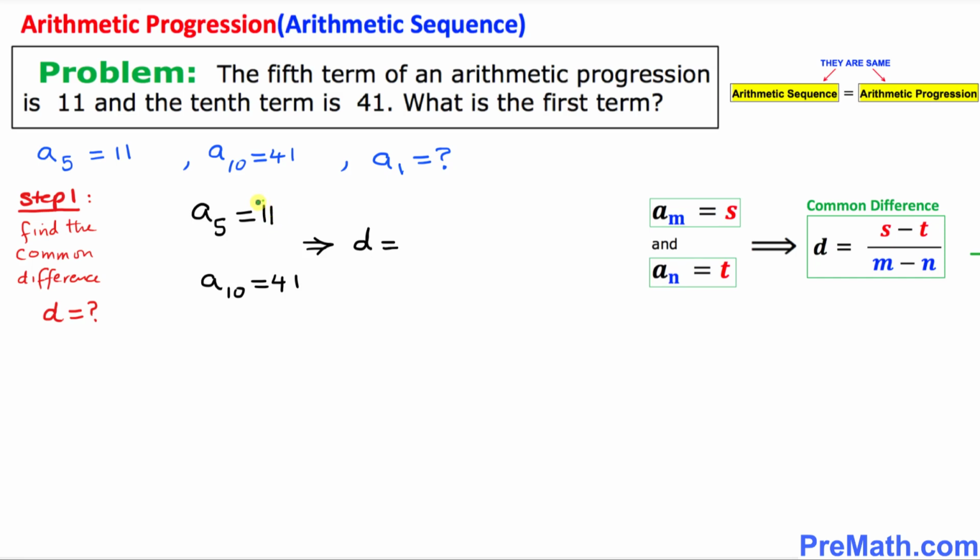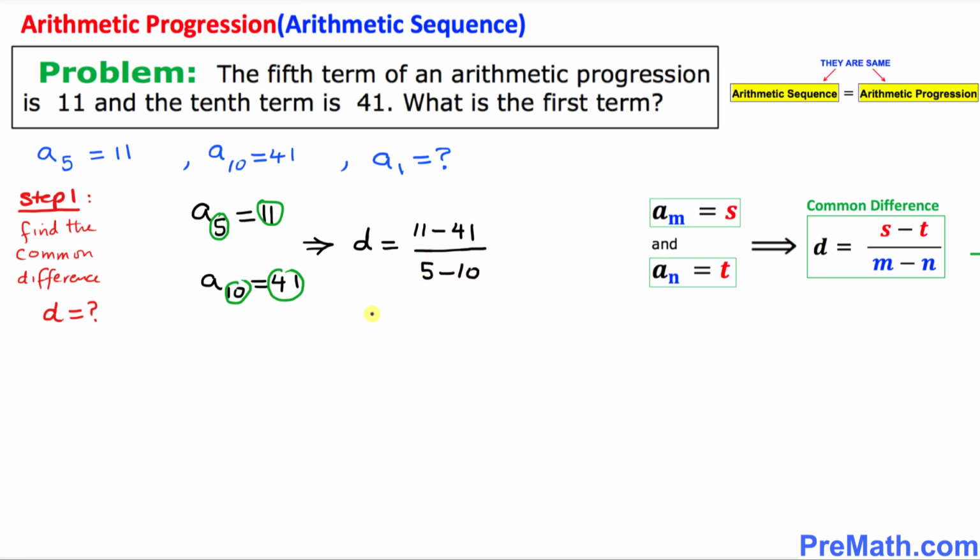These are called s and t, 11 minus 41. So I'm going to write 11 minus 41 on the top, divided by, likewise I will be just putting these numbers, these subscripts over here. So I can write 5 minus 10.